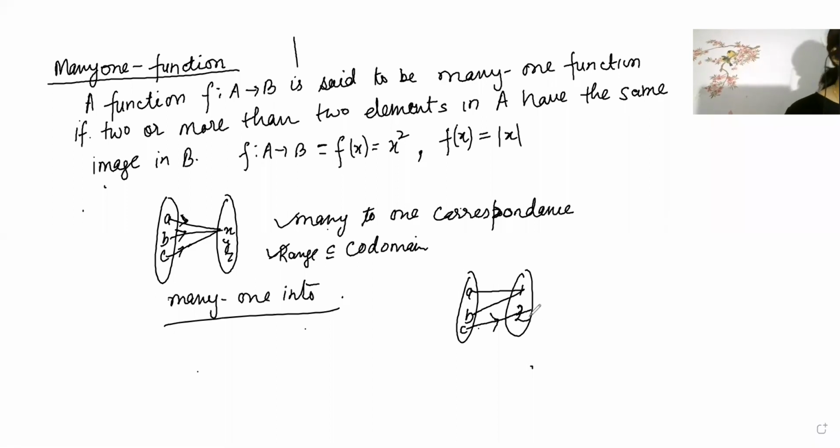Correct Pratika, correct Vishika, correct Harish. Very good, beta. Many-one onto. Maheshwal, Abhinesh, Shyam, Tamilarshan, understood, beta? It is many-one onto.